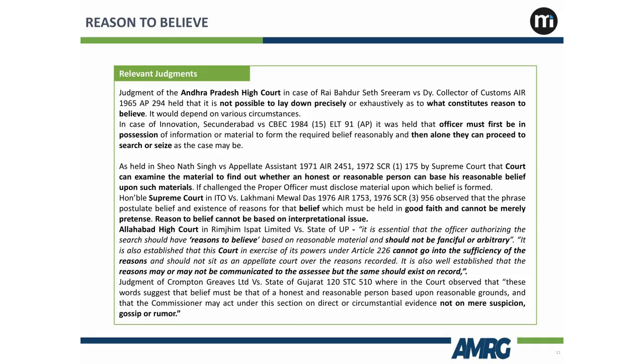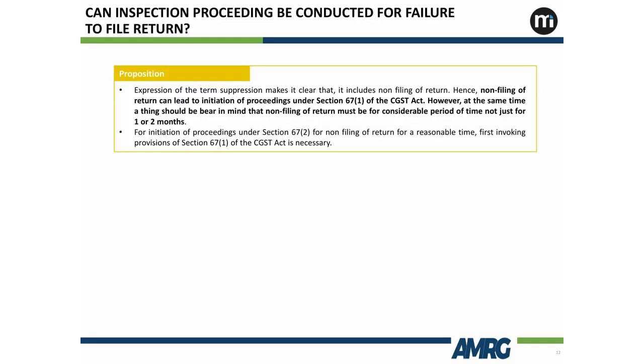By that time the tax officer would have changed on the position. So it is impossible to remember everything. It is always good, the court said, to make sure that it exists on record. So reasons to believe is not based upon gossip, rumors, suspicions, newspaper articles, magazines, etc. It cannot be based upon those kinds of information.